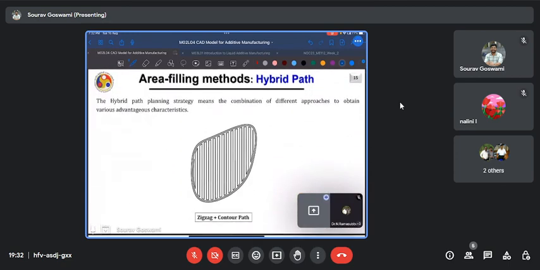Of course, the most sensible thing to do would be to actually use a hybrid path which combines the best of both worlds. So depending on my region or the area of application, I can use a combination of paths. So in this case, as we see, the exterior boundary or the exterior contour has been filled using a contour path to maintain or to preserve the geometric accuracy.